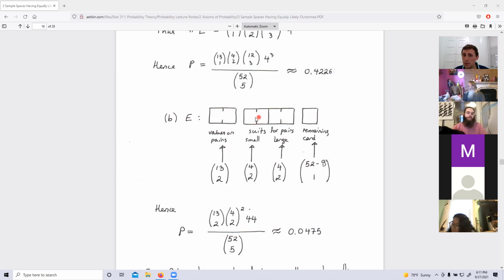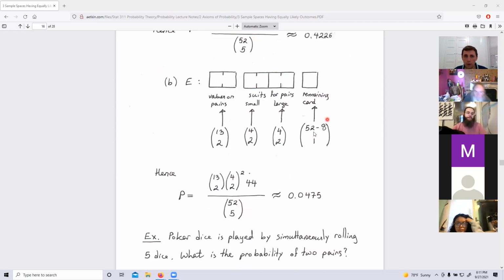So those 2 boxes here refer to suits for the value on the first pair, and those 2 refer to the value on the second pair, and this talks about the remaining card. I decided to make it the remaining card. Yes, I could have done it also just as the remaining values available and the suit. So both work.